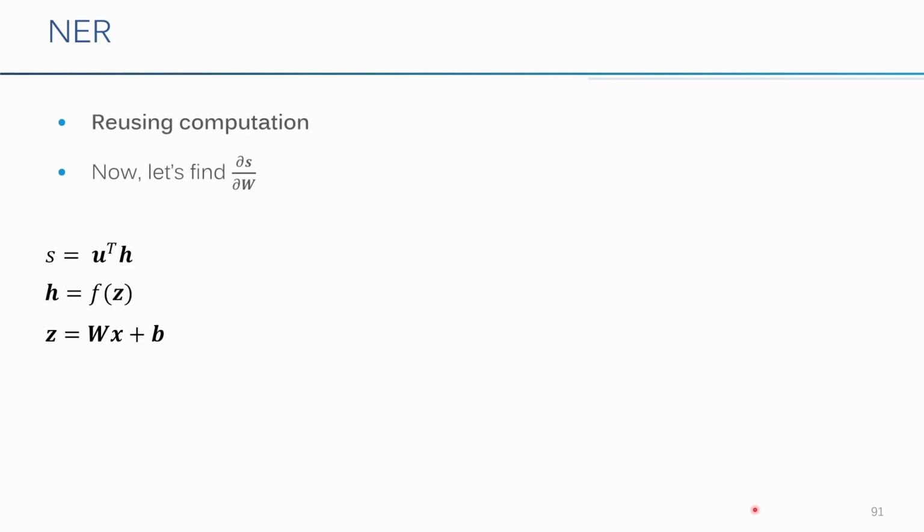Okay. So now, as we were talking before, we do want to calculate the partial or the gradient of s with respect to w. So we do this partial derivative, and now we have to go and do the same thing we did before. So s with respect to w is s with respect to h, h with respect to z, and then z with respect to w.